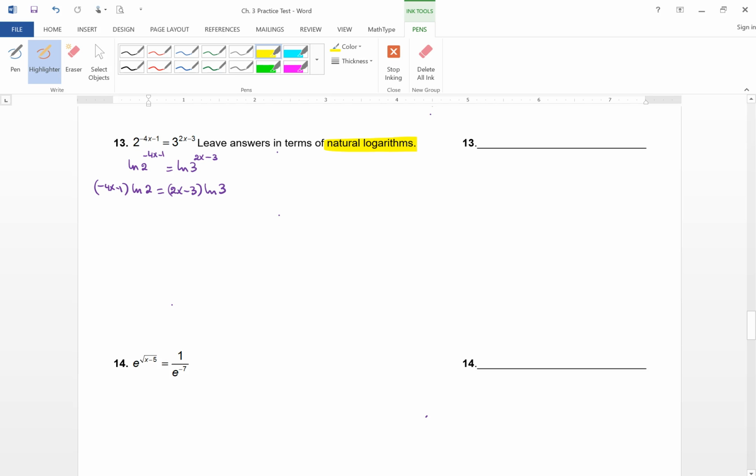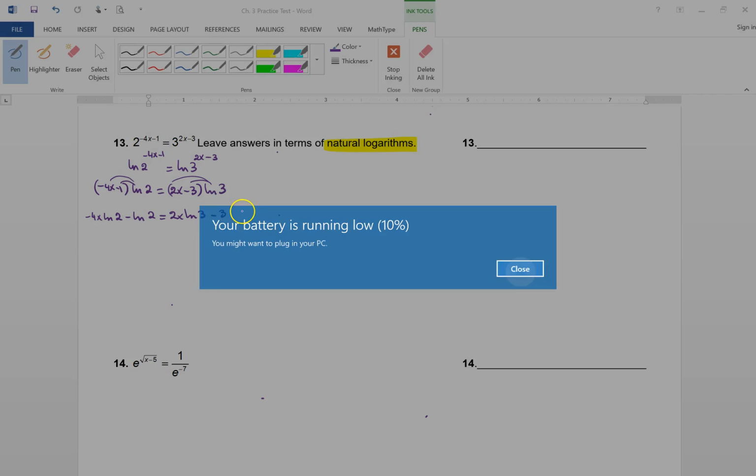That means ln, okay? No, log is not a natural logarithm. So I've said natural logarithm, which is ln. Log is just a simple logarithm. Log base 10 is the common logarithm. The natural logarithm is just one thing, ln. That's it, okay? All right, so here we distribute the ln's, and you get negative 4x ln of 2 minus ln of 2 equals 2x ln of 3 minus 3 ln of 3.